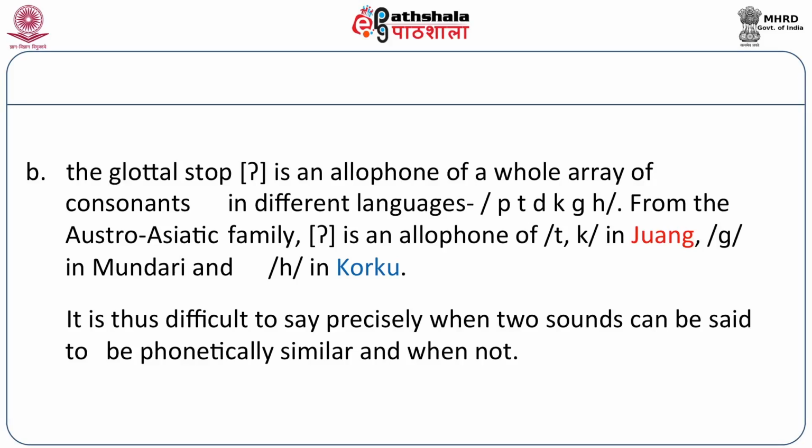For example, if pa and the glottal stop are allophones, and g and glottal stops are also allophones, d and the glottal stop are also allophones, the notion of phonetic similarity does not seem to be very clearly understandable here. It is thus difficult to say precisely when two sounds can be said to be phonetically similar and when not.